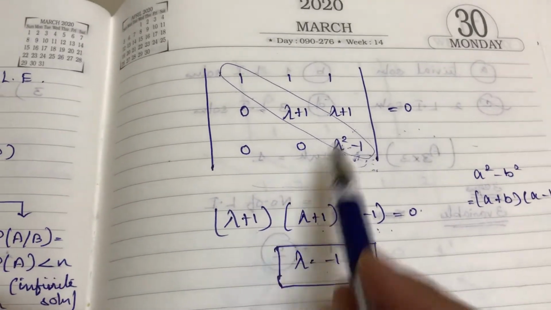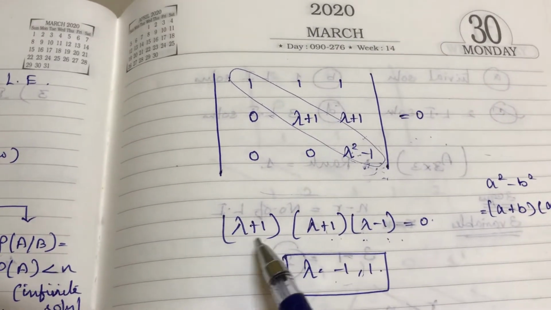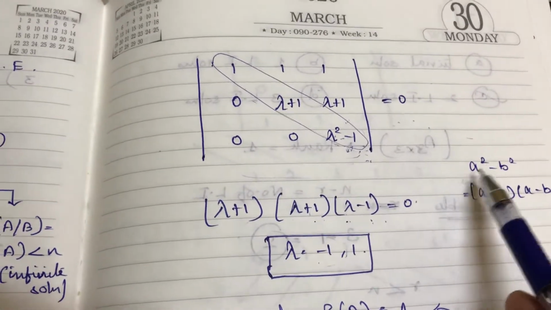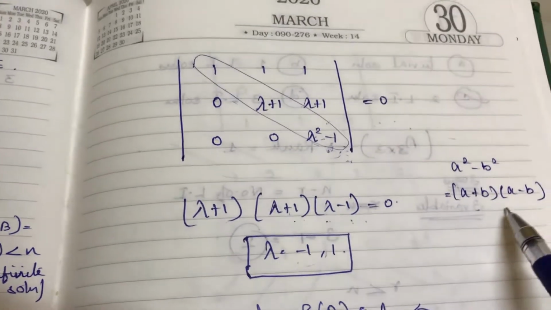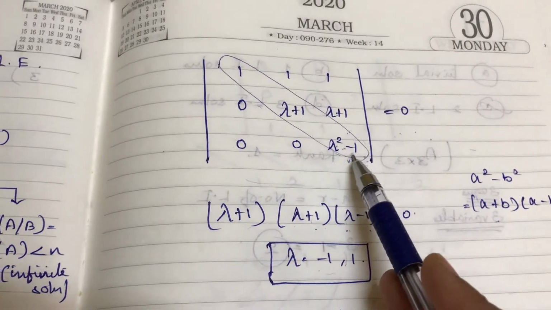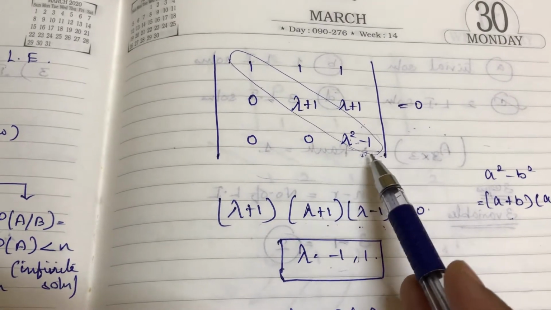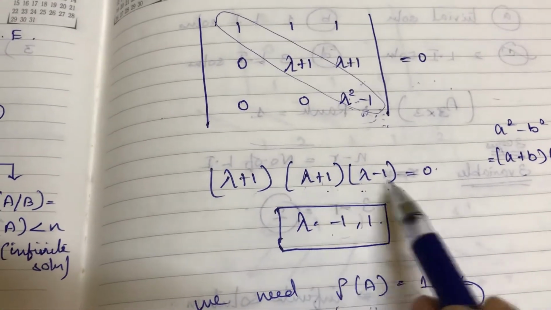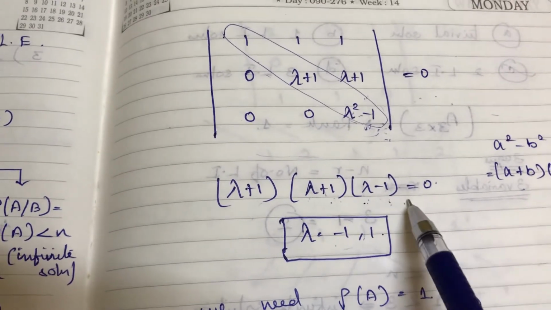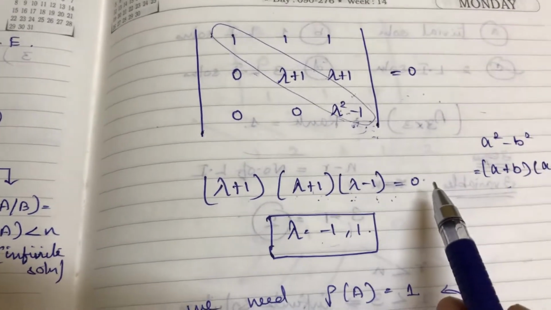So I have written here lambda plus 1, and this one a square minus b square, right? A plus b into a minus b. Lambda plus 1, lambda minus 1. Lambda is a and 1 is b. Okay. So lambda plus 1, lambda minus 1 is equal to 0.